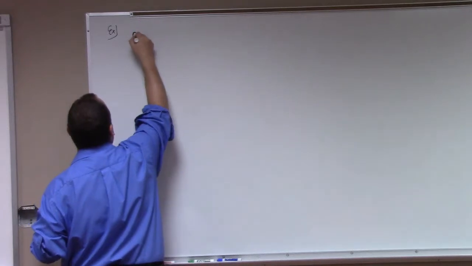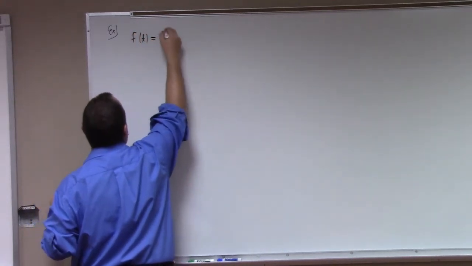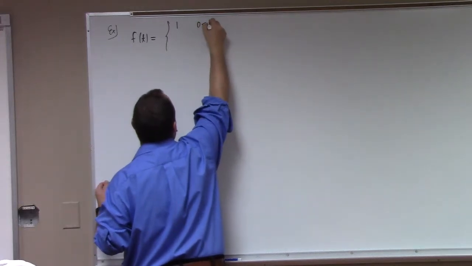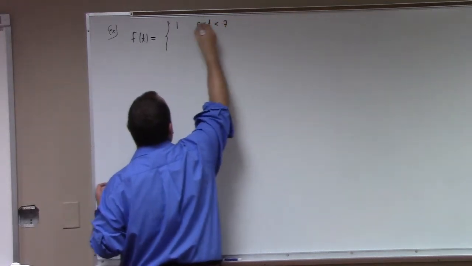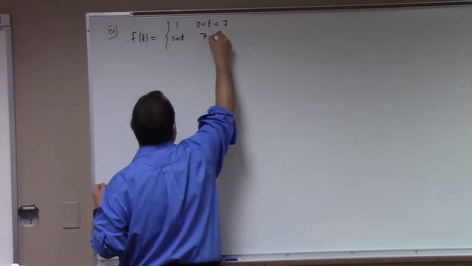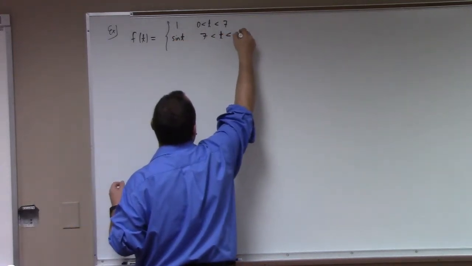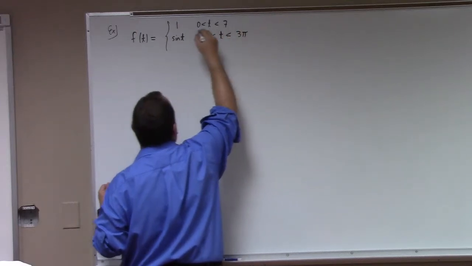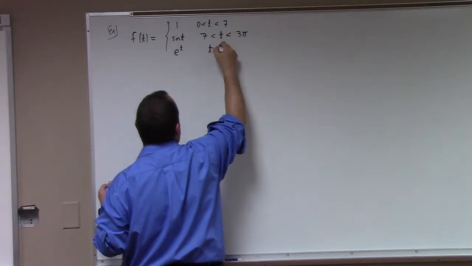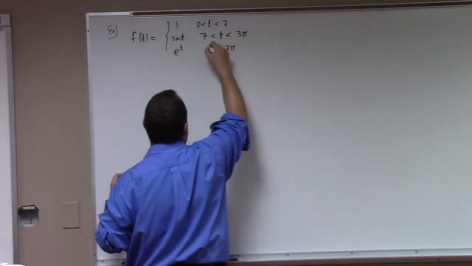So if I have, say, f of t defined by 1 for 0 less than t less than 7, and then sine t for 7 less than t less than 3 pi, and then e to the t for t greater than 3 pi, right?